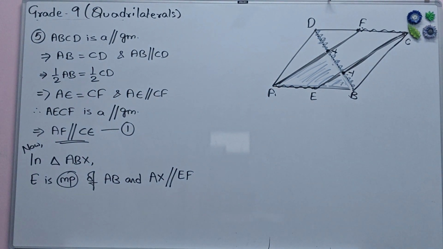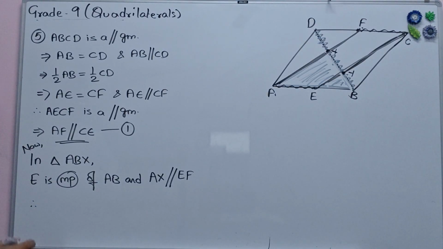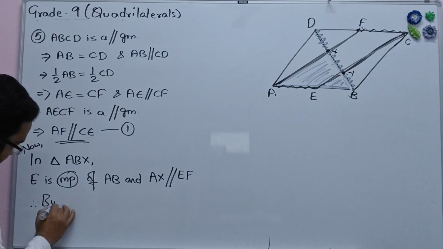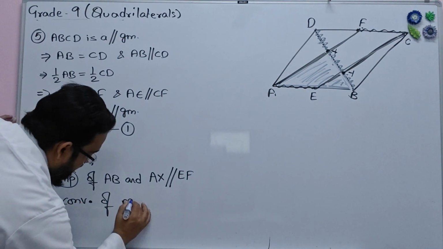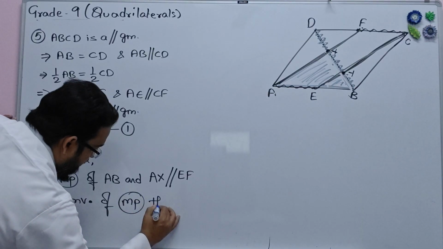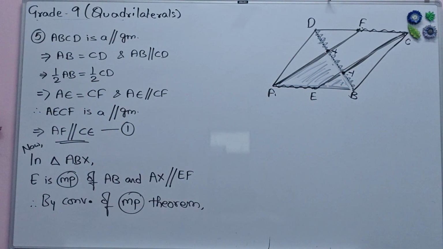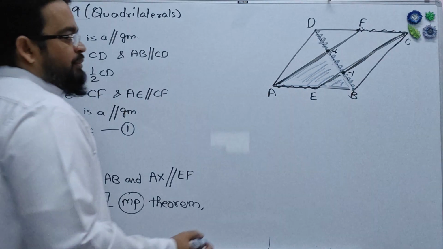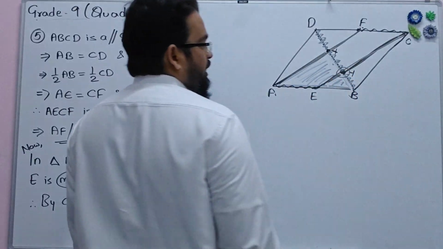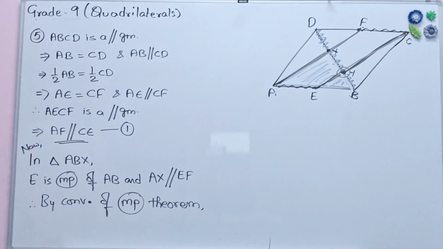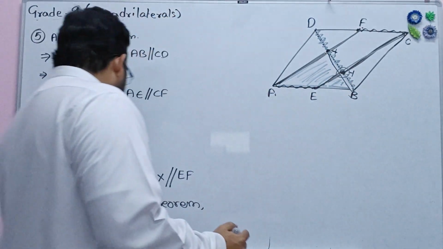Is it right? Therefore, by converse of midpoint theorem, so what happens? E is midpoint, so therefore Y is also midpoint of the third side. What is this side? BX.